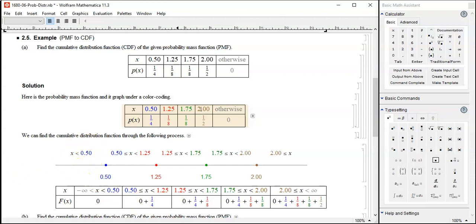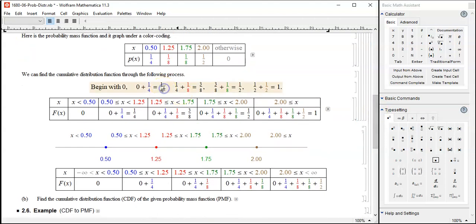In the first interval, nothing here, nothing to our left, so everything begins from 0. And then from the second interval, I have 1 mass, so I need 1 addition. Next interval, I have 2 masses, so I have to add up to here, and then add another, and then add another. So we have cumulative probabilities downstairs. Let me show you the answer key here.